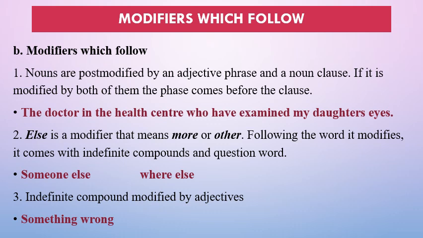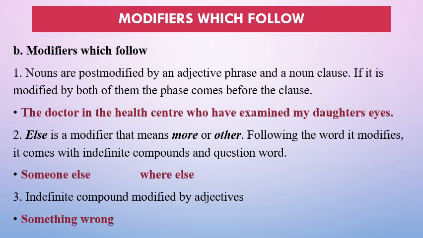In case you have both an adjective phrase and a prepositional phrase, or a noun clause with an adjective phrase, if they both occur in the same sentence, after the noun, pay attention, usually the phrase comes before the clause. Look at my sentence: The doctor in the health center who have examined my daughter's eyes.